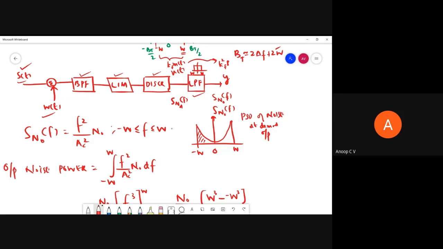Finding theta of t and also finding the power spectral density of noise at the output are two tricky parts which require some prerequisite knowledge. We have discussed that. Once we know that, the remaining everything is as usual.